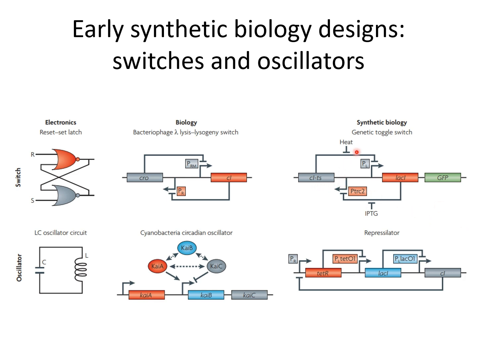Each of these represses the other, just like the natural switch, so we have mutual repression. When we add a chemical, for example IPTG, or we briefly increase the temperature, we can flip the switch.